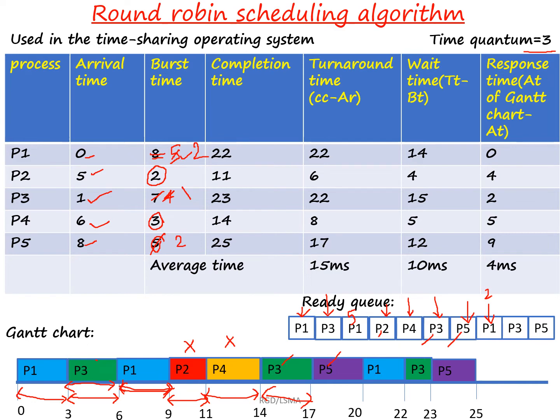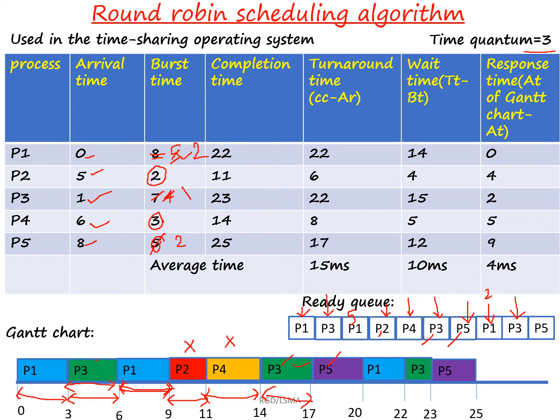So you can preempt this P3 process and move it back to the ready queue, because it still has 1 more unit to complete the execution. So I am preempting this P3 process and putting it into the ready queue. Now the P5 process is executing for the maximum time of 3 units.